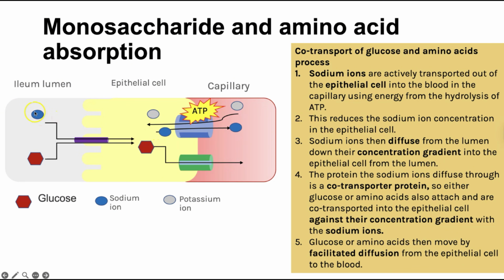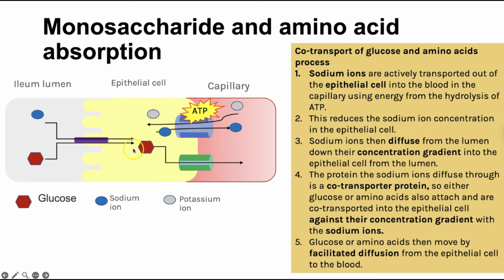Therefore, the sodium ions can enter the epithelial cell down their concentration gradient, but they are ions, so they have to go through a protein. The protein they can go through is a co-transporter protein, which will bind sodium ions and glucose or amino acids. That is how the glucose, or amino acids, enter the epithelial cell.